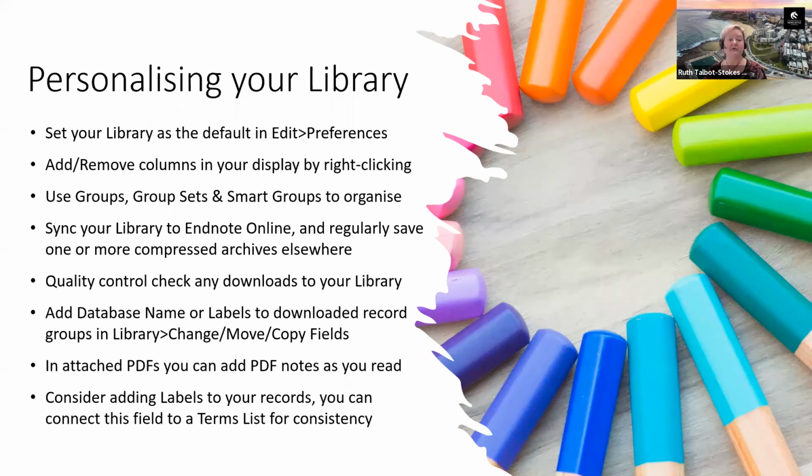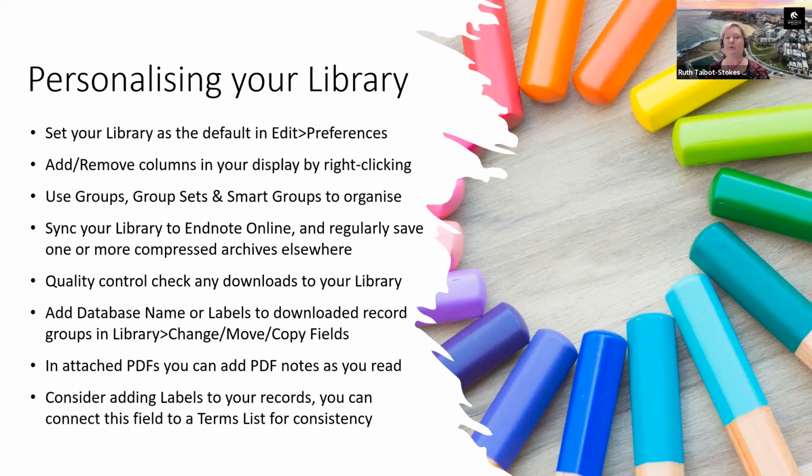Quality controlling your records. I think we've had a few comments about that, but I'll show that very briefly. I'll show you how to add something like a label or a database name to a whole group of records. I'll look at attached PDFs. Krista mentioned making notes in your PDF and then it asks you to save it. I've never had a problem with it, so I'll show you how that's done.